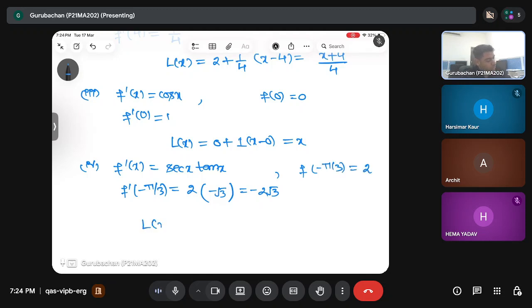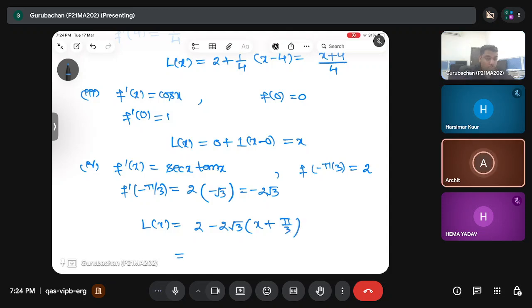So the linearization technique will allow us to write it like this, into x plus pi by 3, and sec x will be minus 2, so it will be plus 2 root 3. Sec of minus theta is always sec theta, similar to the cos of minus theta being cos theta always.